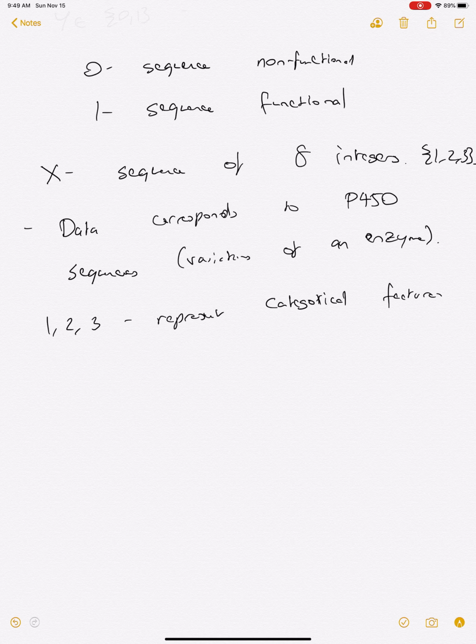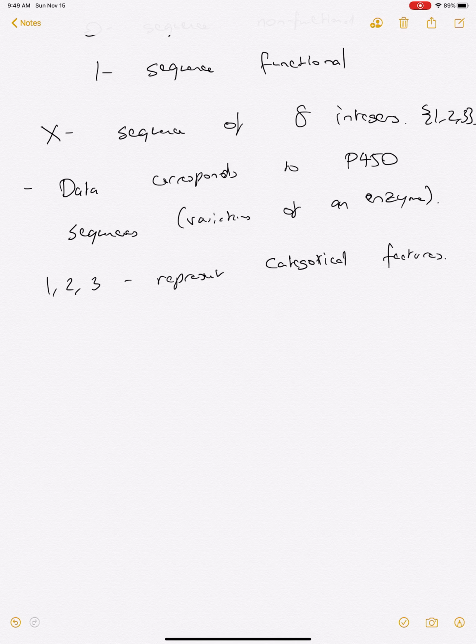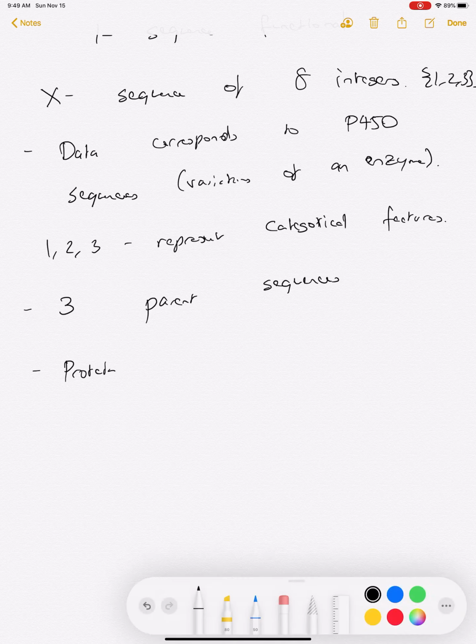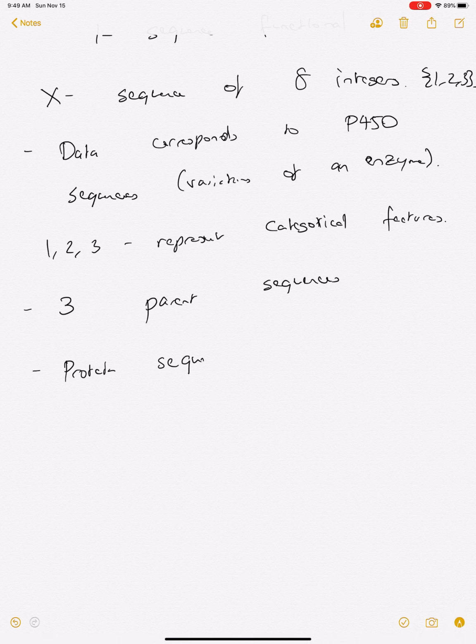And where do those categorical features come from? The thing is that there are 3 parent sequences. And actually, one thing I haven't mentioned is what is a sequence. A protein sequence is a sequence of amino acids.